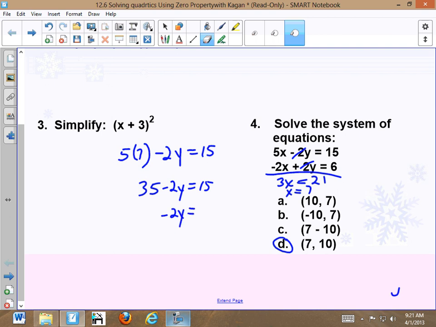Negative 2y equals, if I subtract 35, what am I going to get? Negative 20, very good. y equals positive 10. There is my 7, 10. Now look what they did. They also gave you 10, 7. They put it backwards. If you picked A, that would be wrong.